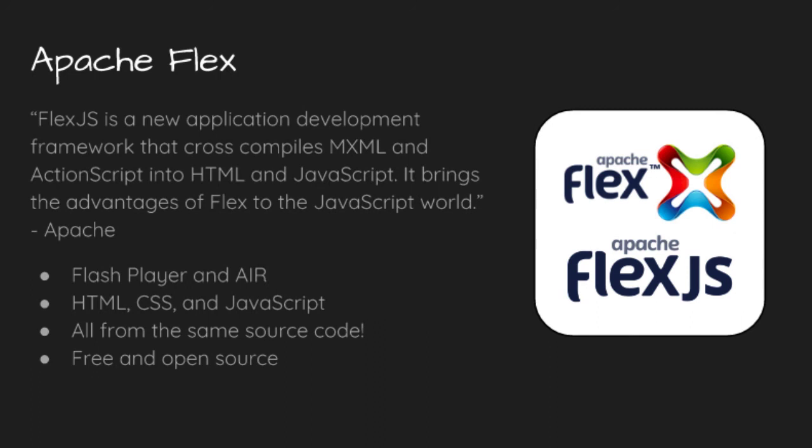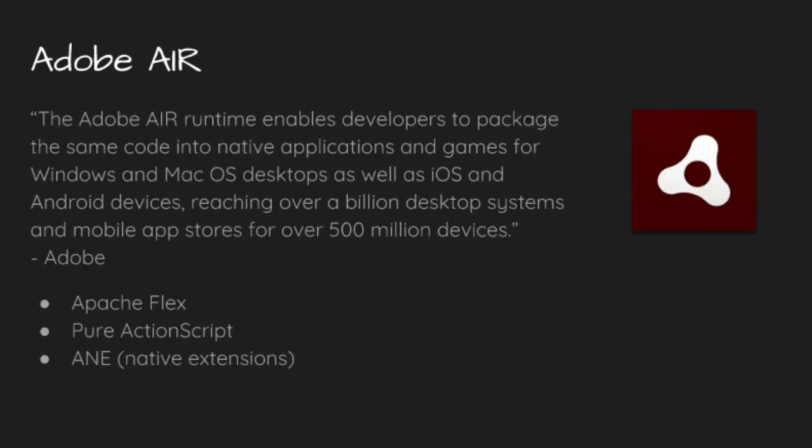And that stuff you can, of course, integrate additional libraries into, like Bootstrap or jQuery Mobile or whatever you want to do. Adobe Air I mentioned in the last slide, and you've got a number of options for that. You can use Apache Flex and its responsive nature to build stuff. You can use pure ActionScript, and there's also ANEs, which are native extensions that you can use with particular devices.